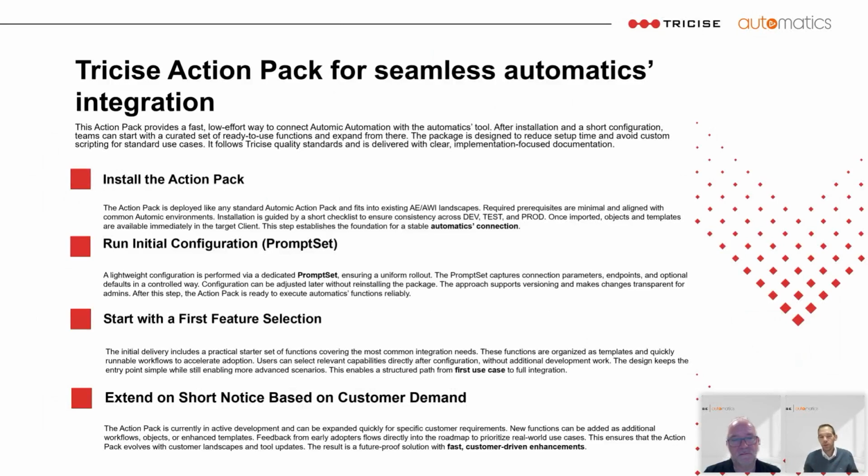You have all the necessary activities already in place: the authentication to Automatics to get the token back, calling workflow functions in Automatics, handing over parameters, and getting status information back about the status in Automatics. This is ready to use and can be set up really fast to start with your integration of these two tools.